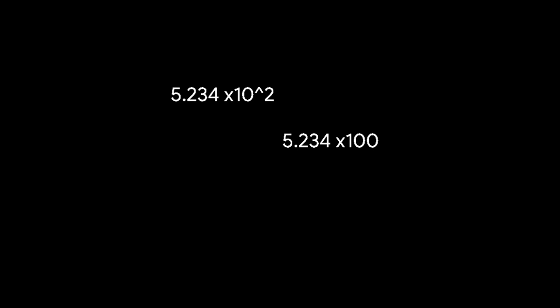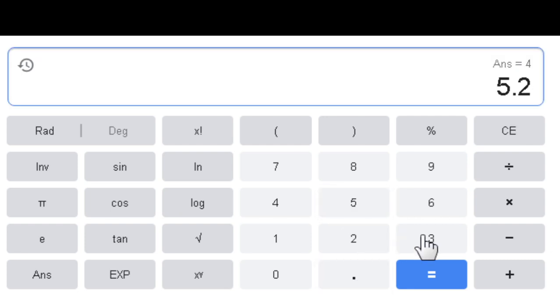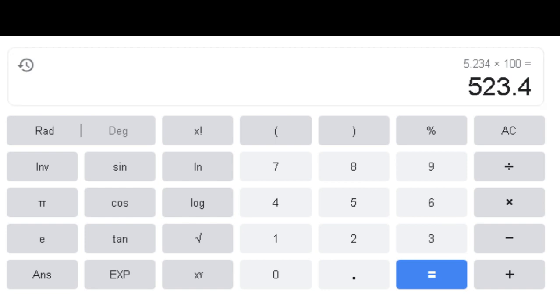Let me show you on the calculator. Our question is 5.34 times 100. As you can see, the decimal point has actually moved two places. Now let's come to our whiteboard.